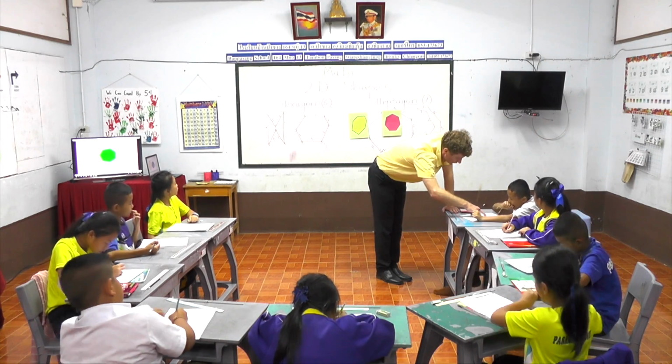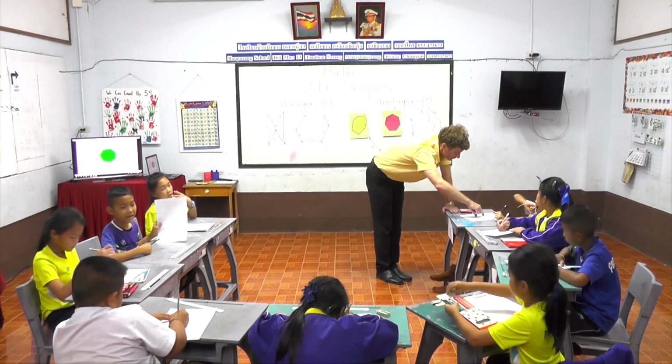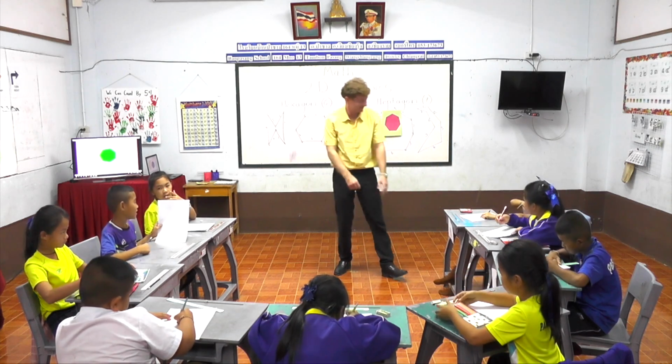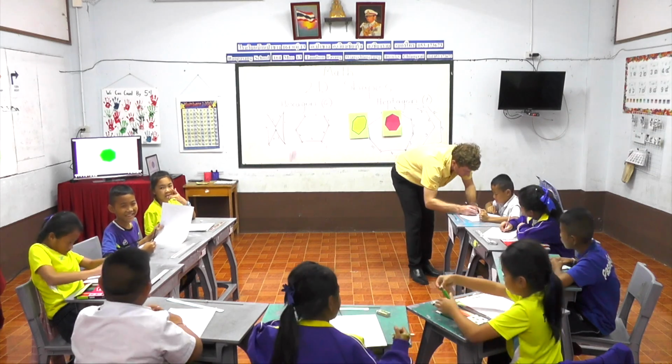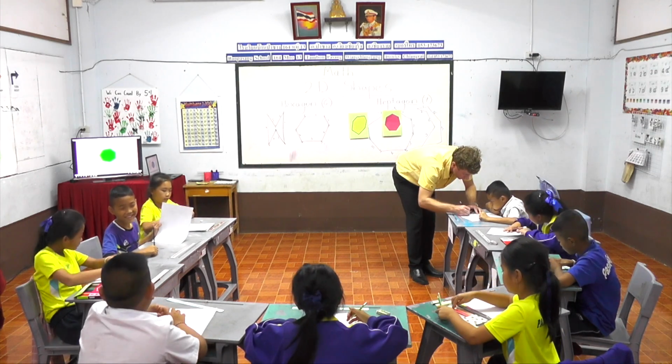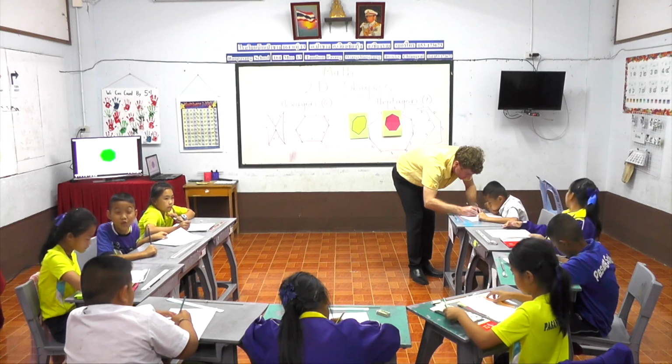1, 2, 3, 4, 5, 6. Needs one more side. Heptagon, what is it? 1, 2, 3, 4, 5, 6, 7.